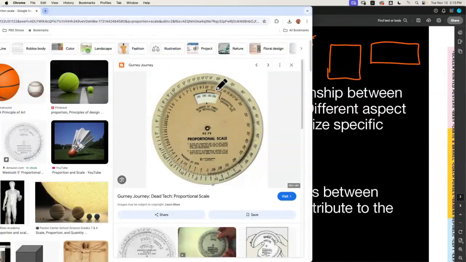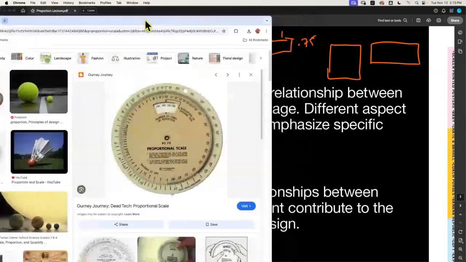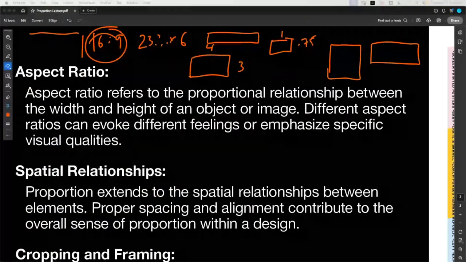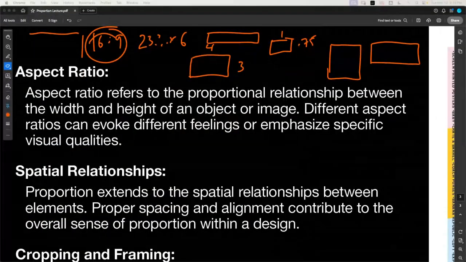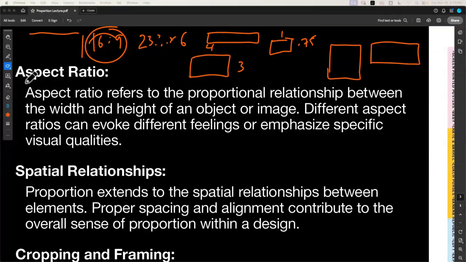So this would help me scale out and make sure I didn't mess up the proportion of what I was doing. Many years I had to use this until computers were used all the time. And now you can just scale it by holding down Shift.